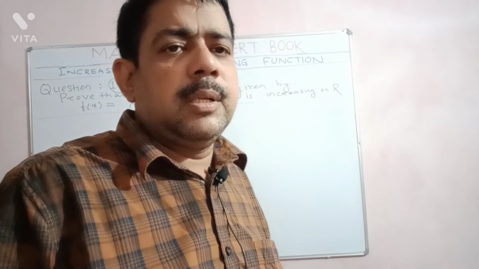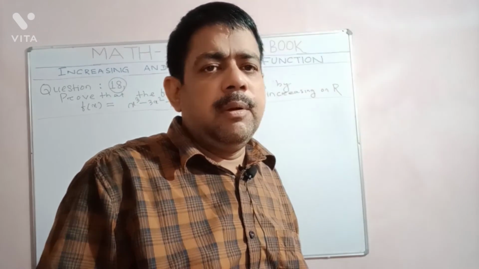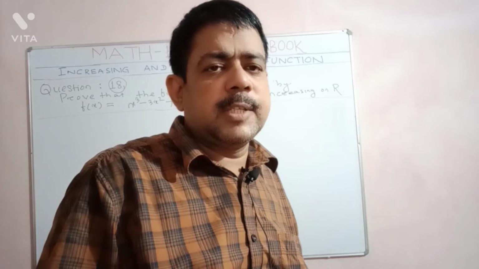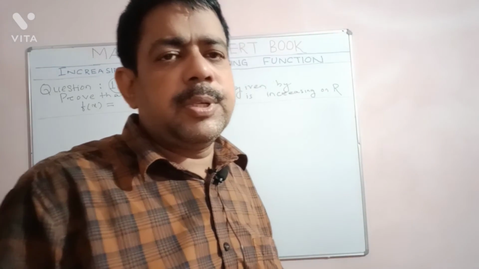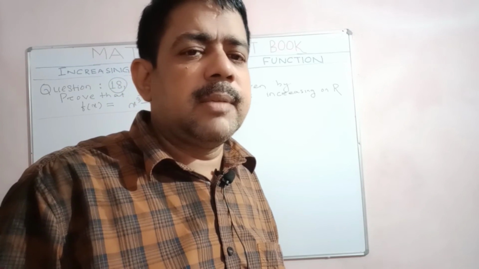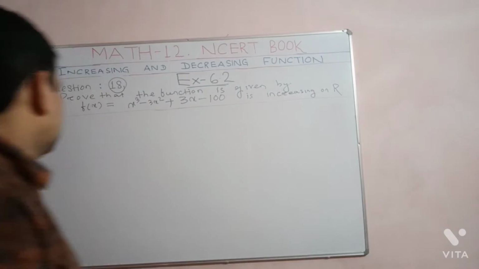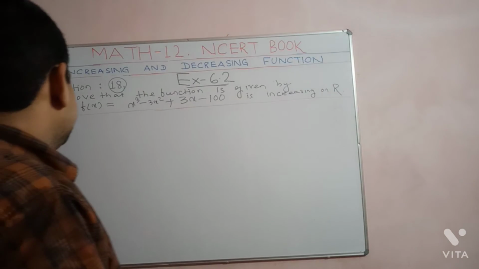Dear students, here I am discussing question number 18 of exercise 6.2 of your standard 12 mathematics based on the concept of increasing and decreasing function. Okay, understand? Let's see the question first.